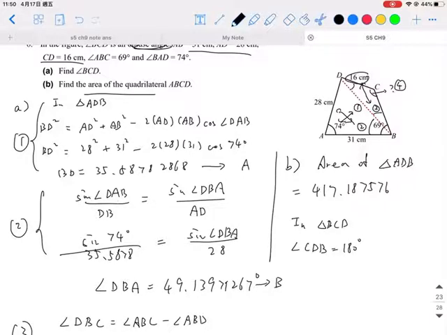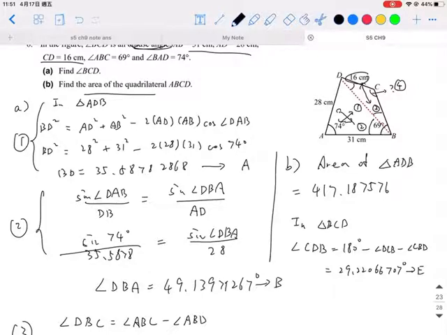This is not difficult to find: 180 minus angle DCB minus angle CBD, and therefore you can get the angle is 29 something. Okay, I've saved it in E.